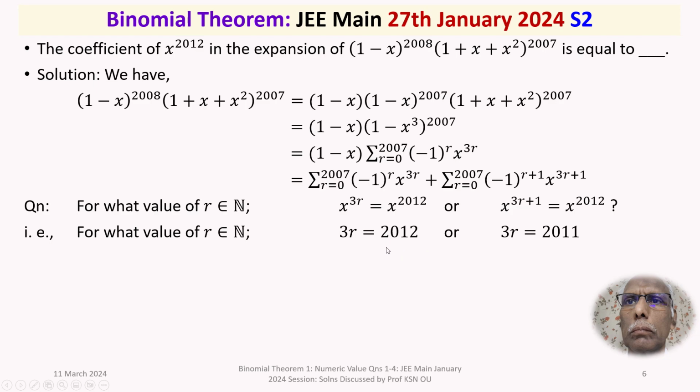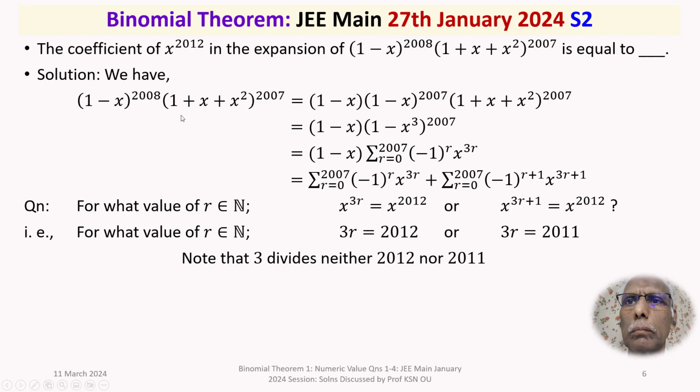Now that means, is 2012 divisible by 3? Is 2011 divisible by 3? No. Note that 3 divides neither 2012 nor 2011. Why? Because the sum of the digits is not divisible by 3. That is the rule for the divisibility condition.